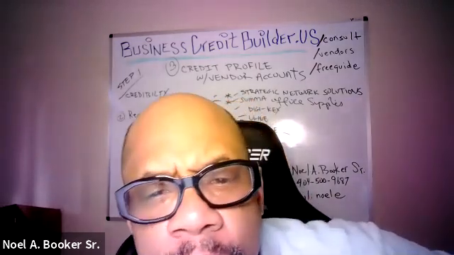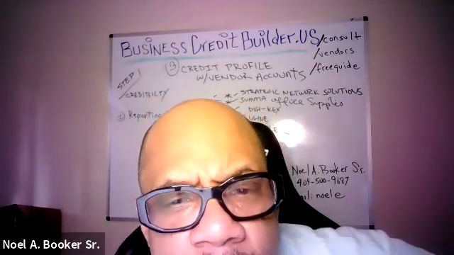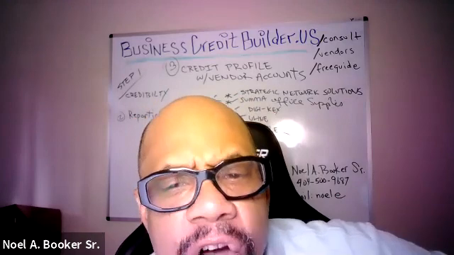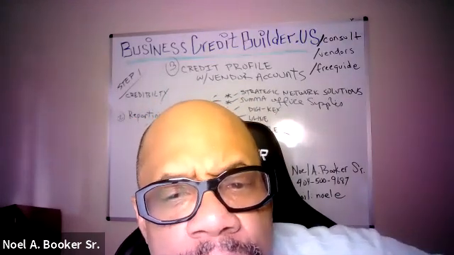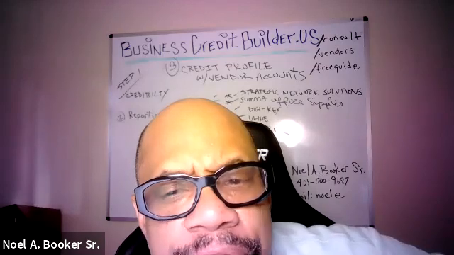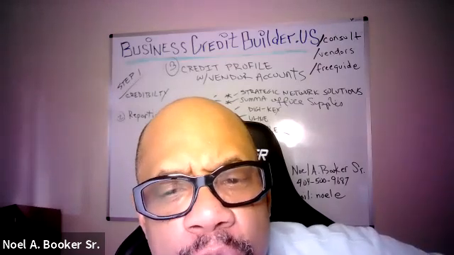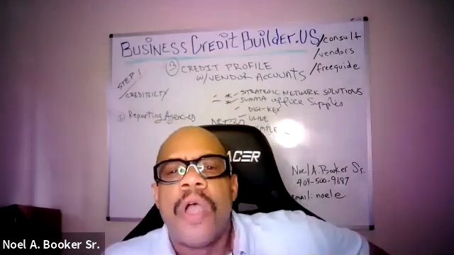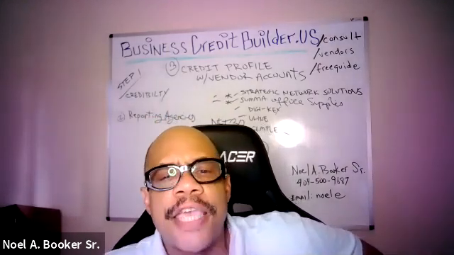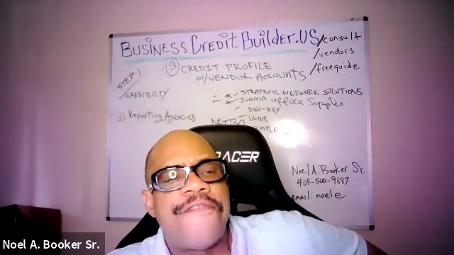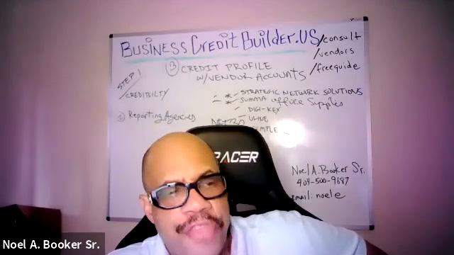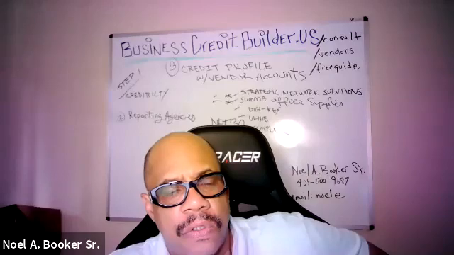Who do we have here? Got another question. Sharita, how long did you say you have to do the net 30 accounts before you go to the revolving accounts? Okay, so it should take you 3 months to get these 5 net 30 accounts.